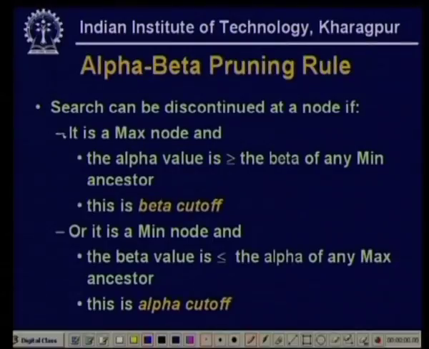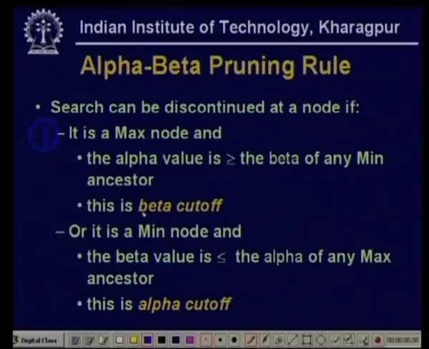So, there are two types of pruning that can be done, one from the point of view of max, the other from the point of view of min. So, search can be discontinued at a node under two circumstances. Number one, if the node is a max node and the alpha value of this node is greater than or equal to the beta value of any min node ancestor.